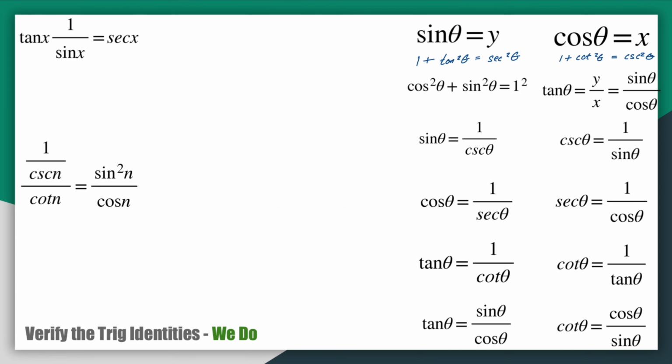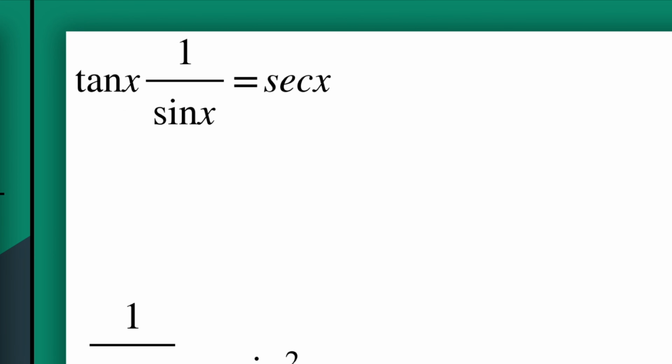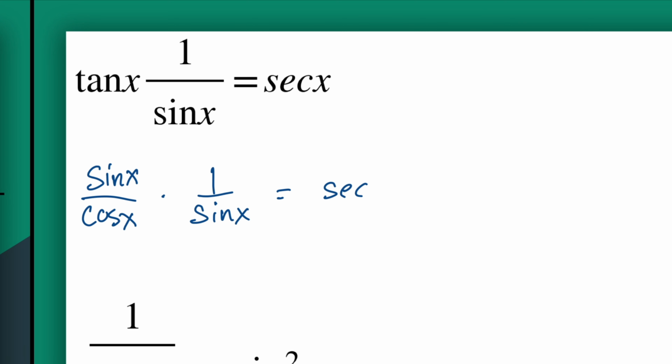Okay, now if you think about it, secant x is the same thing as 1 over cosine x. So if I can get this left side to be 1 over cosine x, I should be able to just write that as secant. Okay, so let's change our tan x. Tan x is the same thing as sine x divided by cosine x, times 1 over sine x, is equal to secant x.